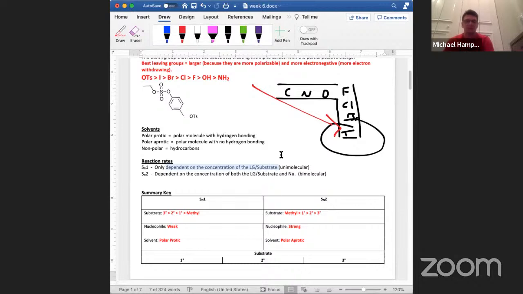Yep, it still only doubles because it's only the substrate that affects SN1. If you change the concentration of either the nucleophile or the substrate, increase or decrease, and it's an SN2, then the reaction rate will be affected. Cool. That's really as much as you need to know.